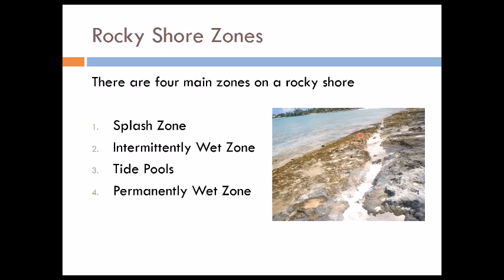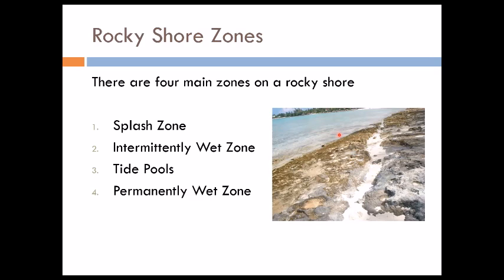For example, let's start from the bottom with the permanently wet zone. This is basically the part of the rocky shore that is always covered by water. That means this is where water is covering even when there's a low tide.